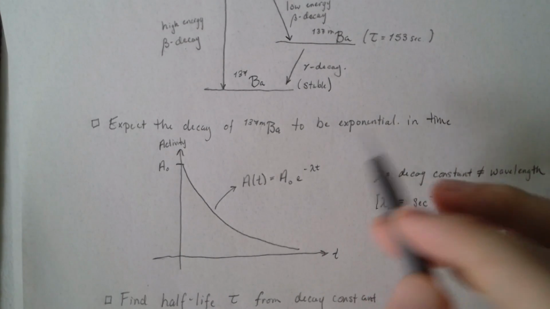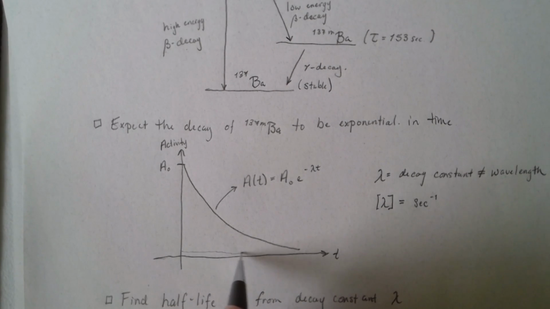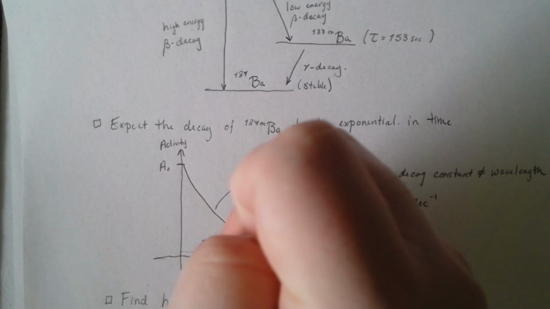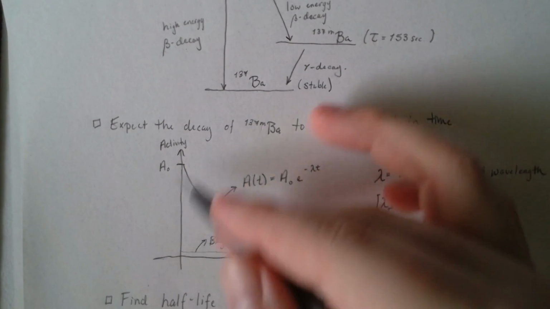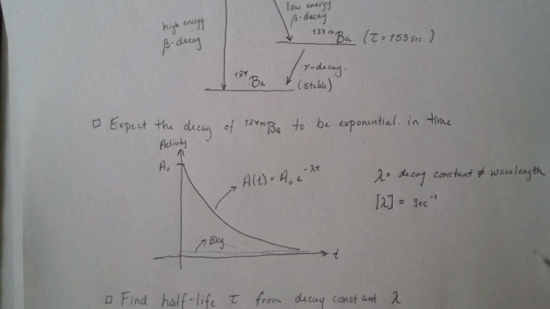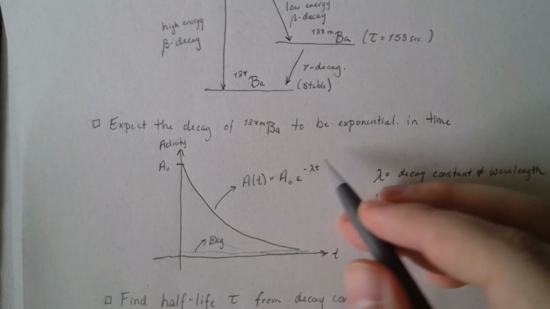And one thing that we will have to do in addition to finding the activity is determine how much background radiation is occurring behind the scenes. And we expect the background to be relatively low and constant. So when we actually want to determine what our signal is, we would have to do a background subtraction for that signal. And you'll see that it's very low in the data that I provided.